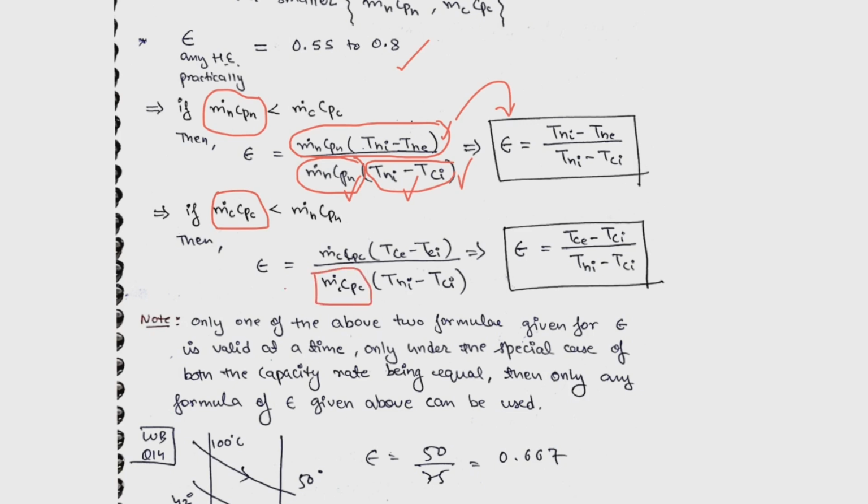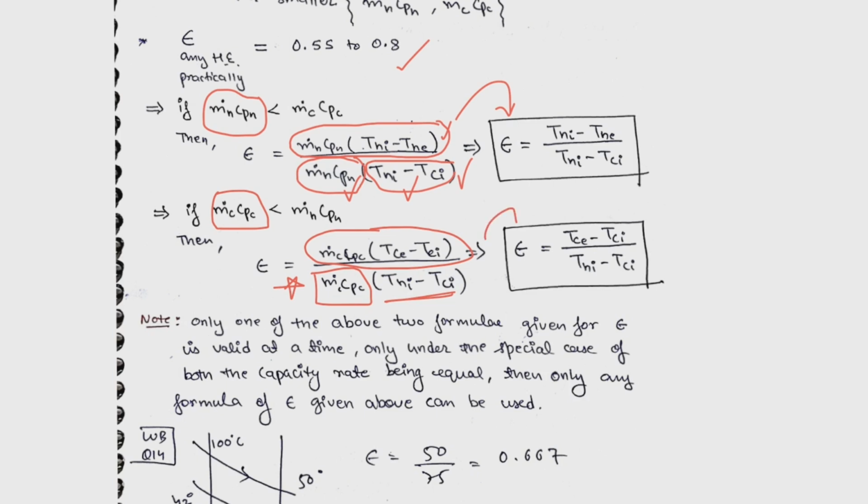This is mandatory, and since the maximum possible temperature difference is Thi minus Tci, this will always be in the denominator, and in the numerator there is no restriction. You can write either m dot h Cph into Thi minus The or m dot c Cpc into Tce minus Tci.